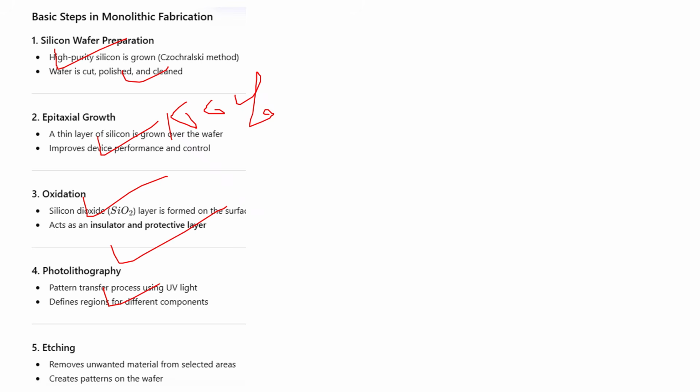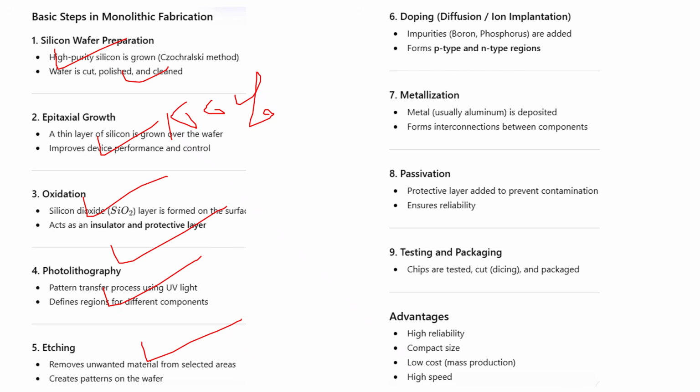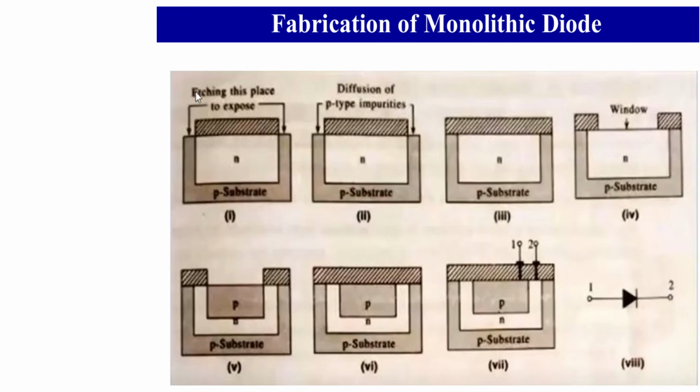Photolithography uses UV light in order to grow the layers. With etching you can remove the unwanted layers that you have grown. With diffusion you can grow the N layer, P layer, right? Metallization provides the contact. Passivation adds a protective layer to prevent contamination. Testing: the advantages are high reliability, compact size, and very high speed.